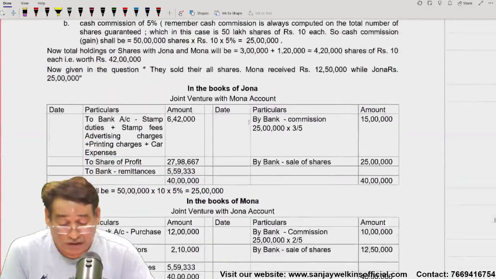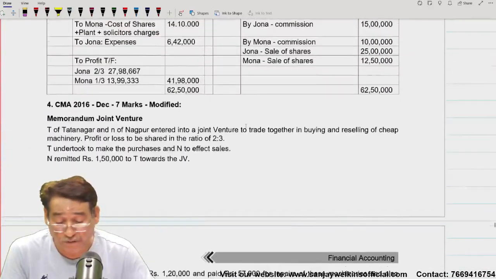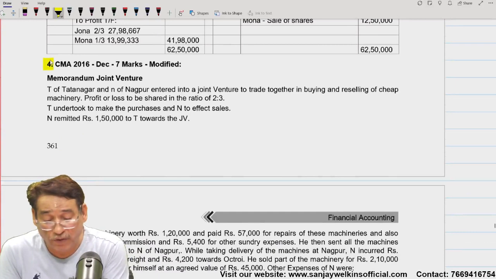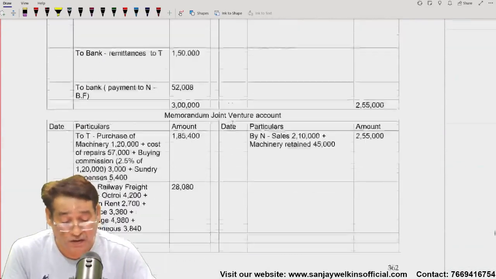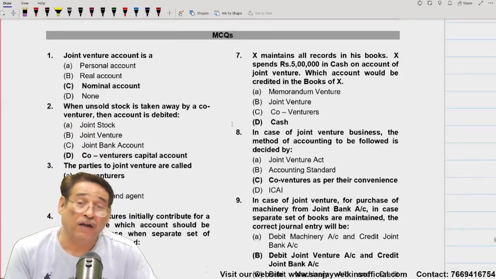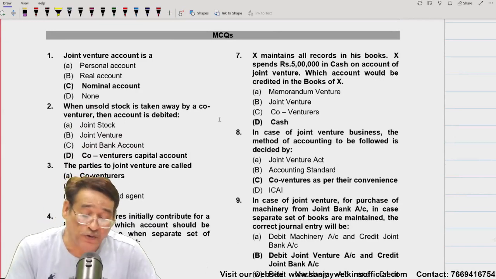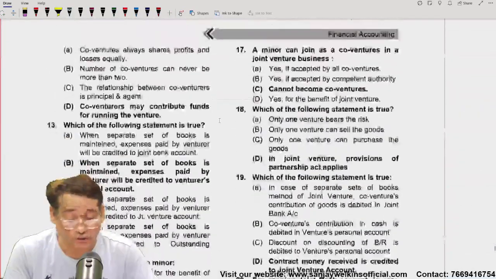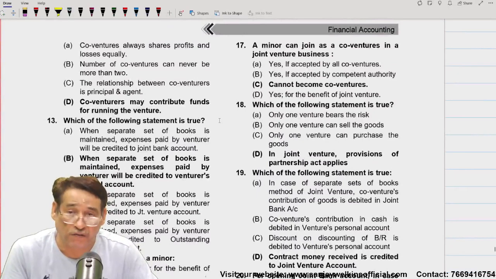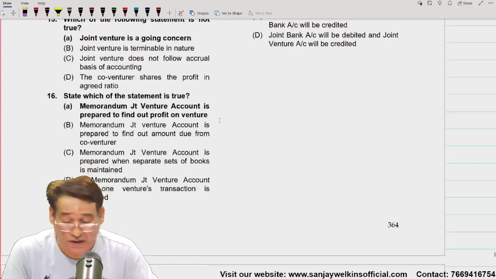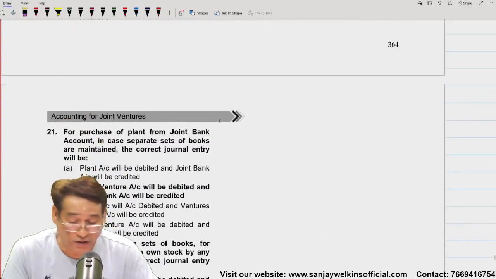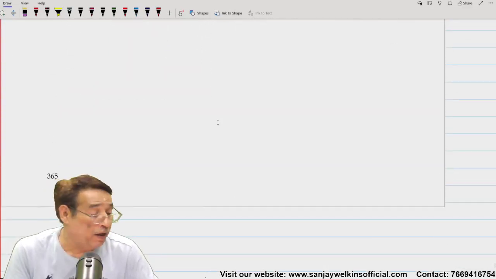So with that, we come to the end of this. These 4 questions I have taken, and then I have added a section of MCQs. So you must do MCQ questions also. Options which are given in bold are your answers, in fact. All these things are given in a fully solved and comprehensive manner.